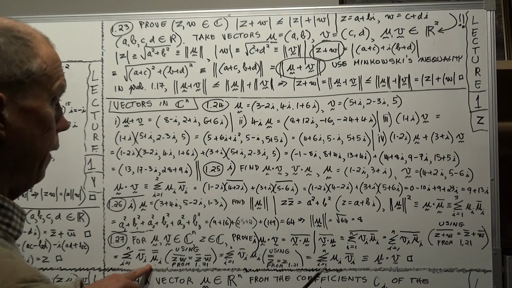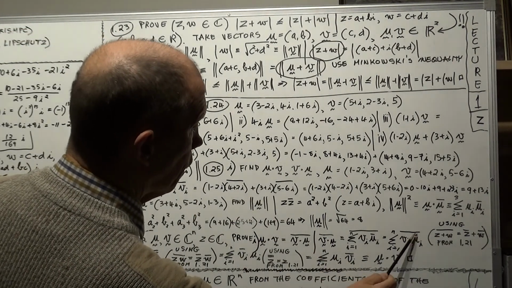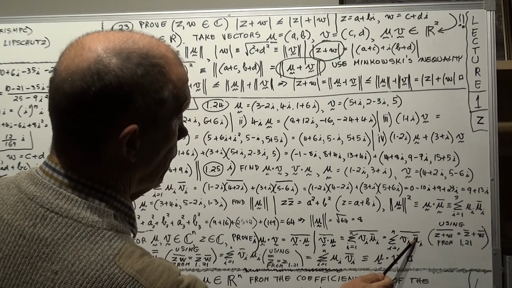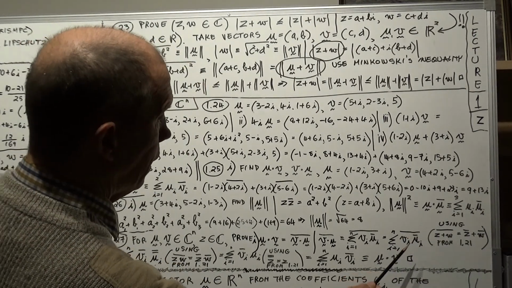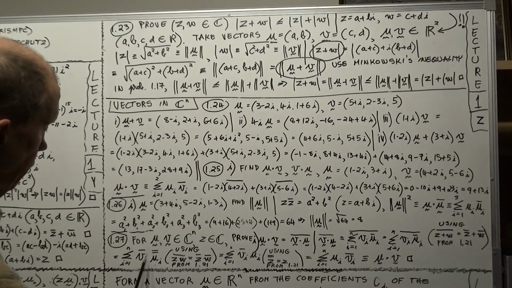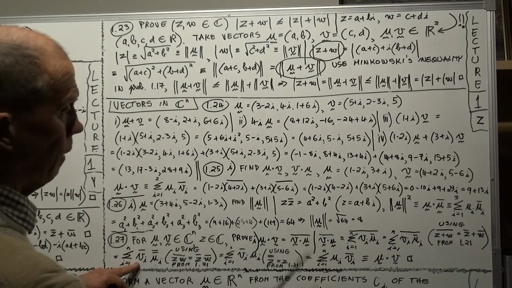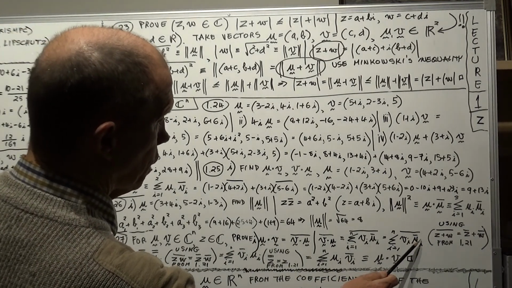So the conjugate of the product equals the product of the conjugates. So here you've got a conjugate of products, and we're going to rewrite that as the product of conjugates. So we're going to conjugate that, so that'll become vi conjugate, and conjugate this.